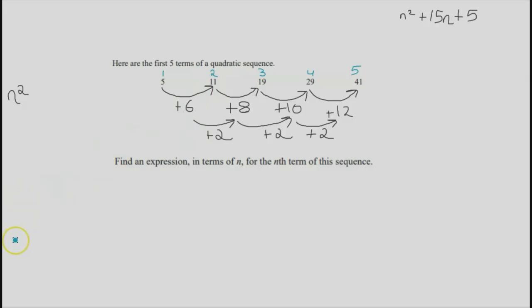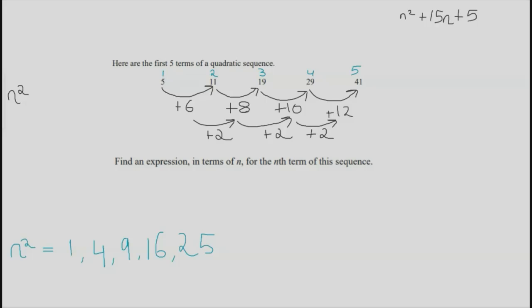So n squared: 1 squared is 1, 2 squared is 4, 3 squared is 9, 4 squared is 16, 5 squared is 25, and that's it. And then we'll put the actual term on top of it.